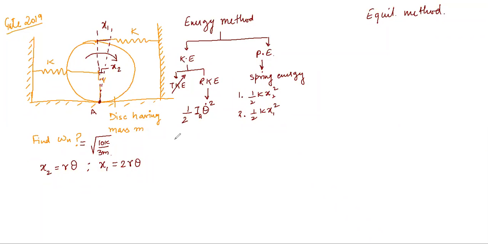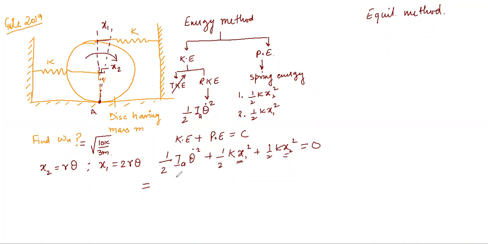In this energy method we know that the total energy, that is kinetic energy plus potential energy, is constant. Here we write the kinetic energy as half IA theta dot square plus half k x1 square plus half k x2 square equals constant, right? Now I put the values of x1 and x2 in this equation.